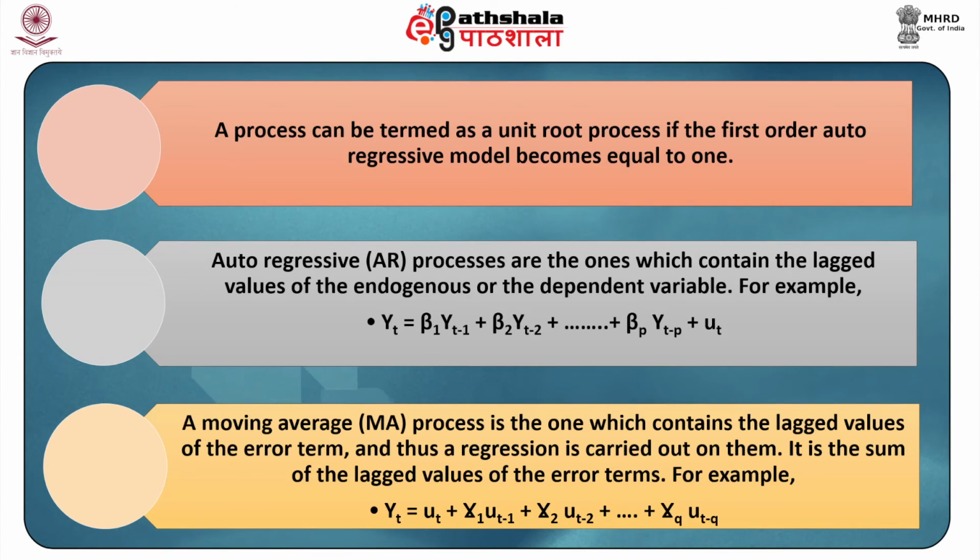We have also learned about the moving average process, and we have learned that a series is said to be generated by moving average if it is defined as yt equal to mu t plus gamma 1 mu t minus 1 plus gamma 2 mu t minus 2, so on till gamma q mu t minus q, and this is denoted as MAQ, where the order of moving average is q.